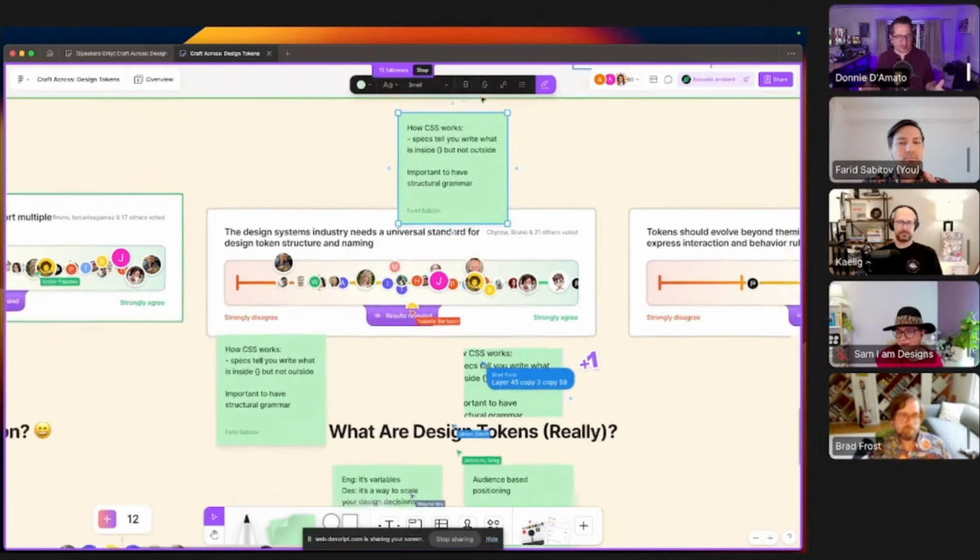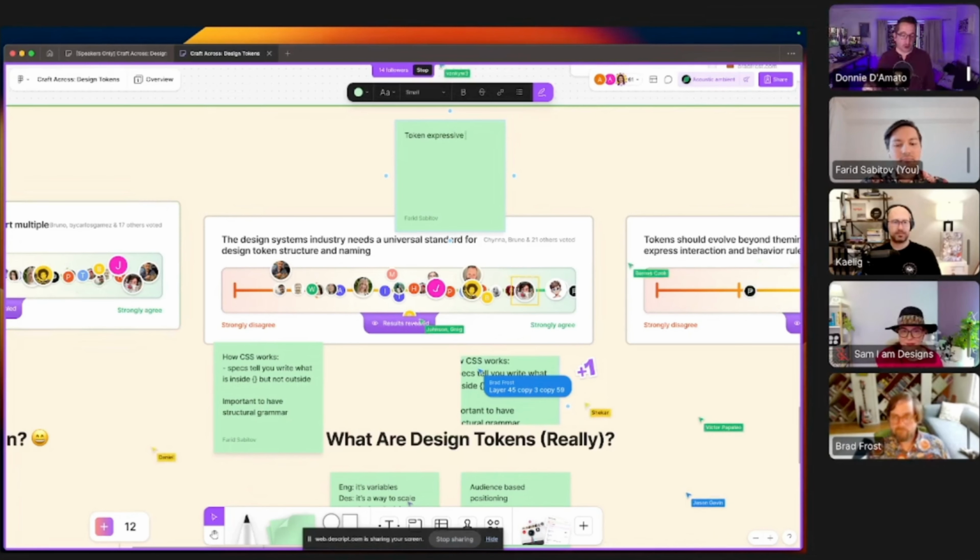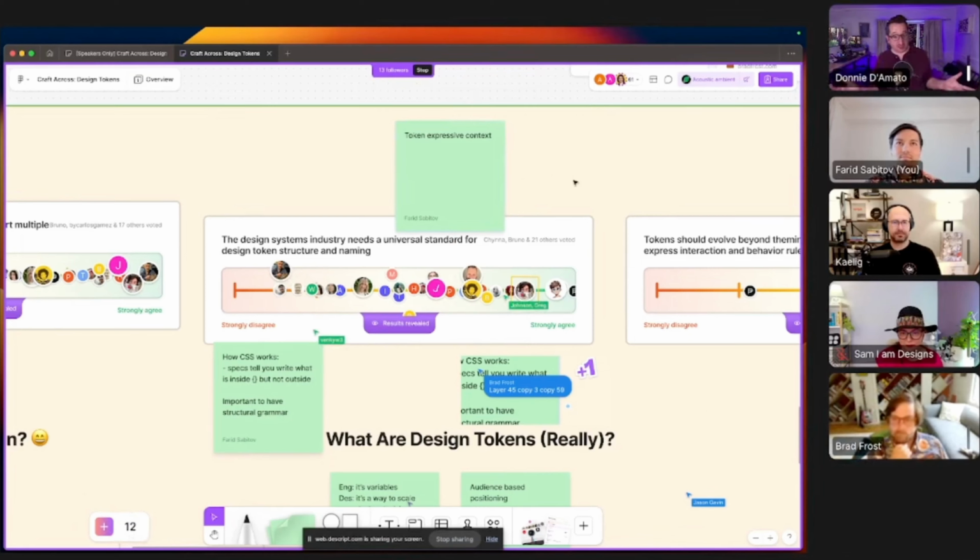As I think a lot of people might know, I have a very strong opinion about the way that tokens should be structured in order to get expressive scopes and context. And that's why I align to having something that would be more strongly in the structure. The fact is that there are lots of opinions in design.